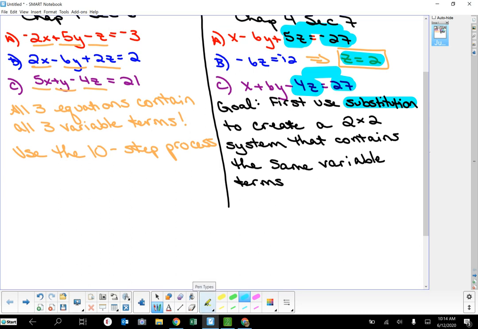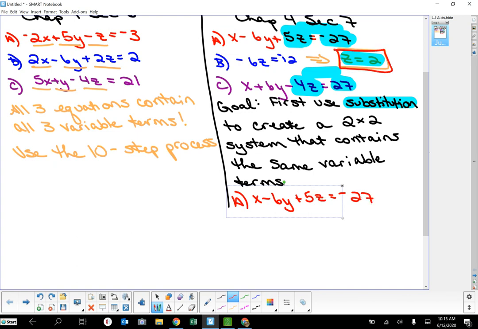So let's see how that's going to work out. So I'm going to take equation A. Oh, I want red. Okay, so equation A is x minus 6y plus 5z equals negative 27. And we're going to let the z be 2 because of equation B up there. So x minus 6y plus 5z.